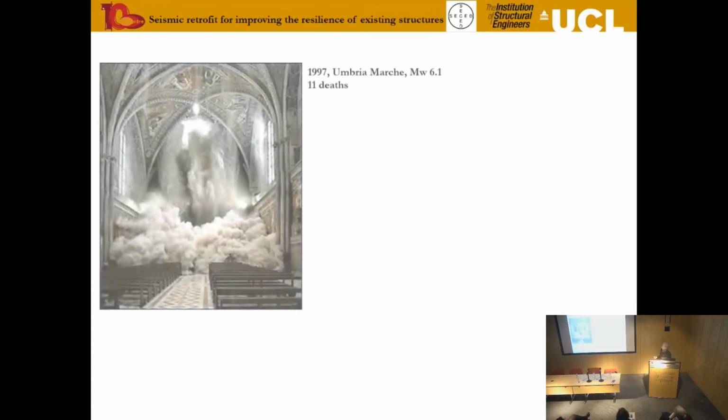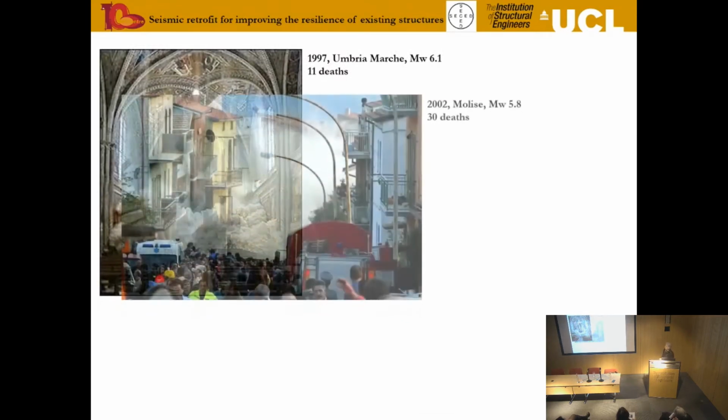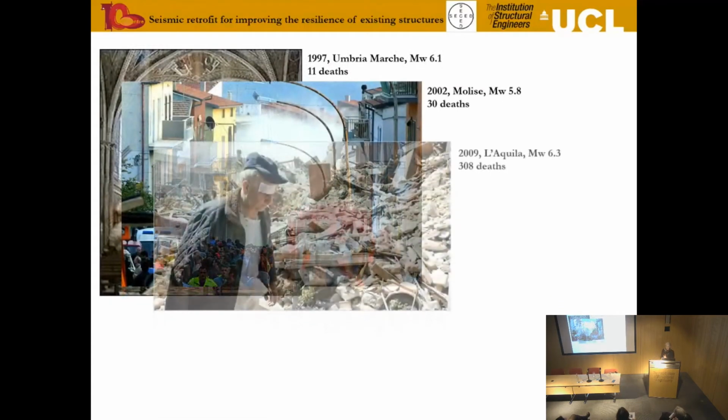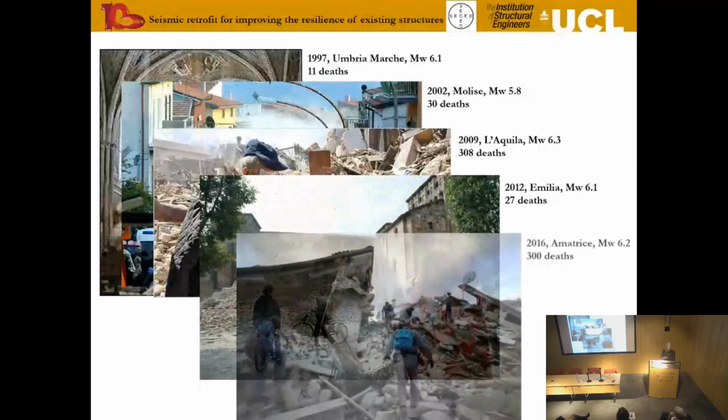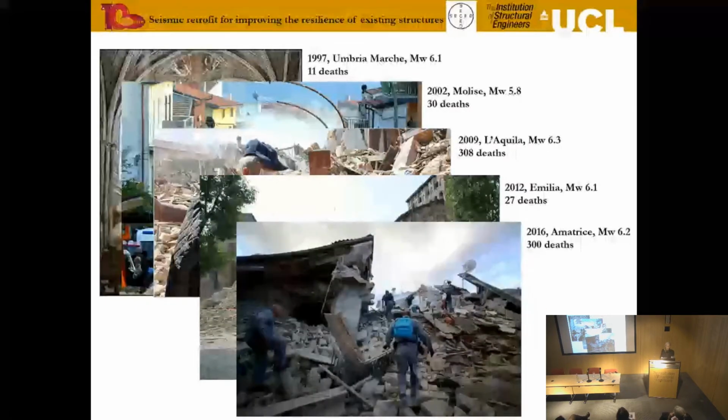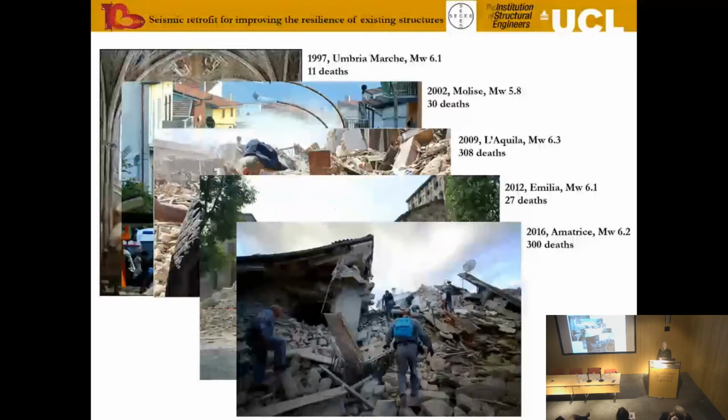If we then look at what has happened more recently, many of you may remember the serious damage of the church in Assisi Cathedral, of the vaults, damage in San Giuliano, where only a school came down but managed to kill 30 children, and then the earthquake in L'Aquila that killed 300 people, the one in Emilia, which was fortunately less deadly, and then this most recent one in central Italy, which caused much damage in Amatrice with a similar death toll.